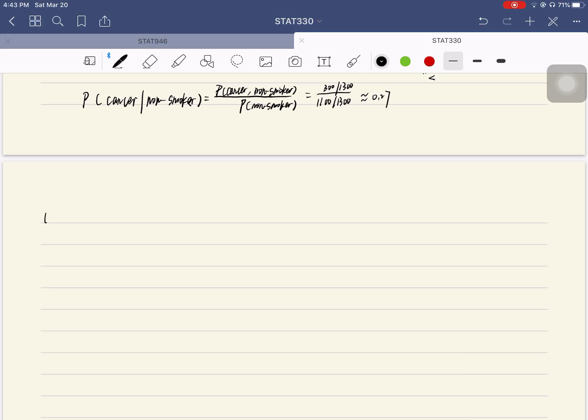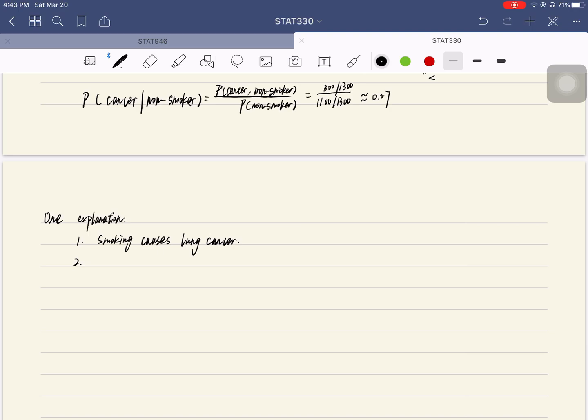So we are going to find out why this is happening. So we look at the explanation. First, we know that smoking does cause lung cancer, from scientific proof.